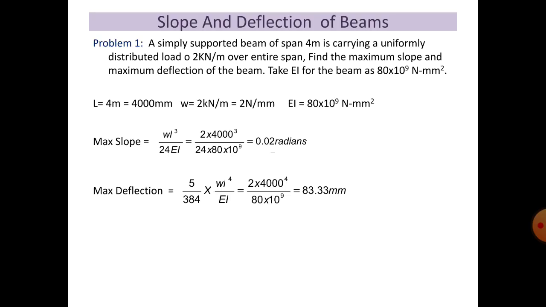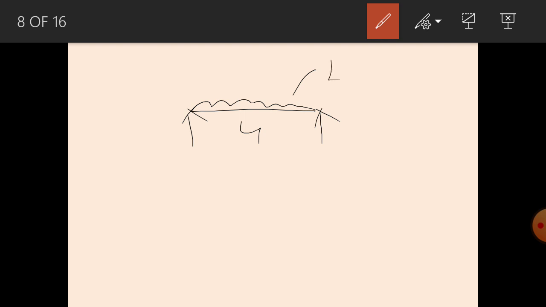So if you want to solve, what is given? The beam is simply supported, it is 4 meters, and UDL is how much? It is 2 kilonewton per meter, and EI is given, right?